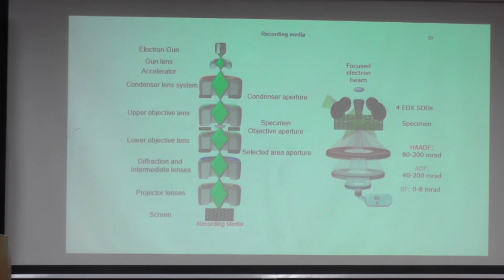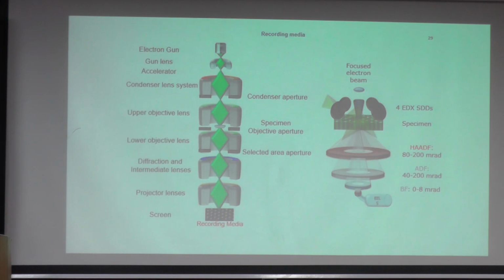So now to the recording media. After we create the image from the specimen and can see it on the screen, we need to record it. In the case of TEM, we use CCD cameras. In the case of scanning transmission electron microscopy, we need different detectors like HAADF, ADF, and bright field detectors.